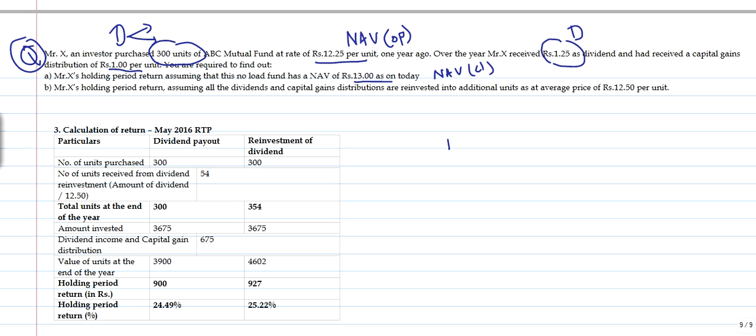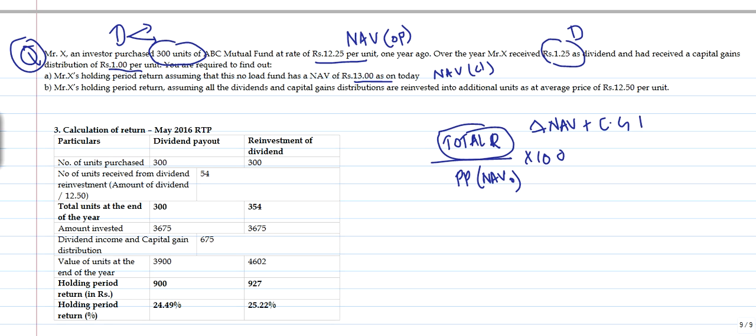So again, total return divided by purchase price, that is opening NAV, into 100. Define total return: change in NAV plus capital gain plus dividend.